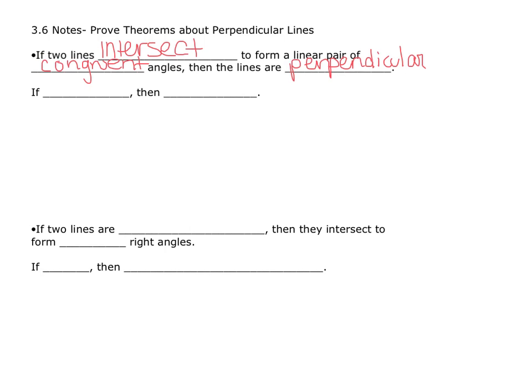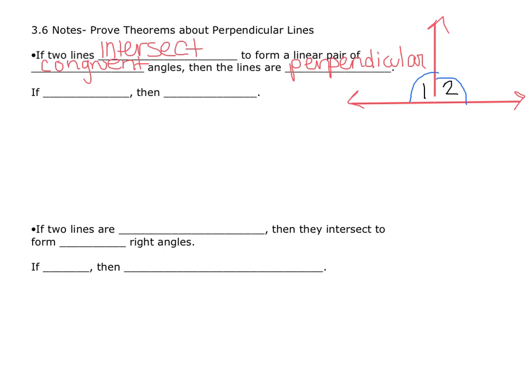So basically, the kind of situation we have here is that we have a line, and we have a linear pair, and we have angle 1 and angle 2, and these angles are congruent.